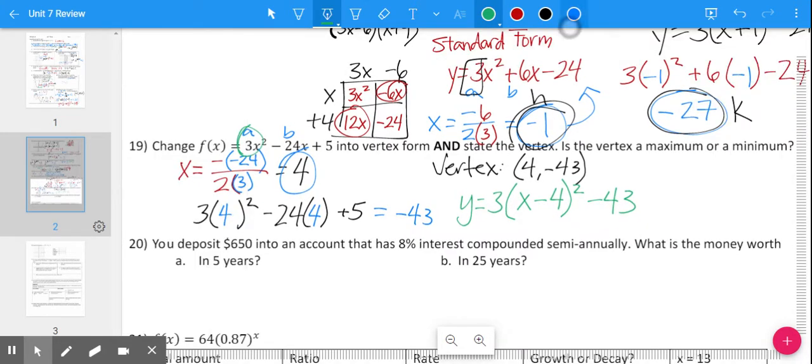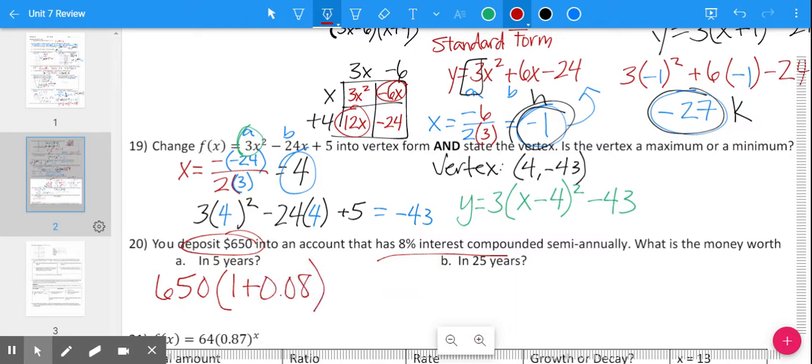All right, you deposit $650 into an account that has 8% interest compounded semi-annually. What is the money worth in 5 years and in 25 years? So we know that our principal is this $650. The 1 comes from the formula because you're earning interest. We're adding that 8%, which is written as 0.08.